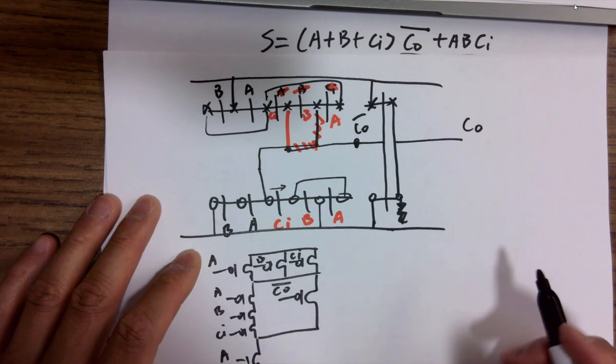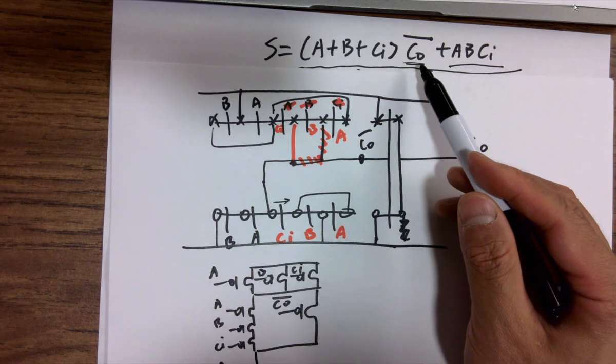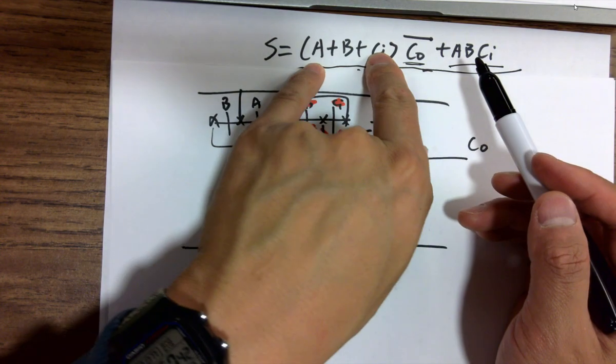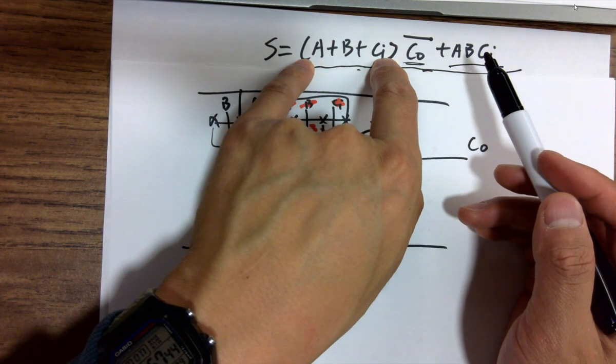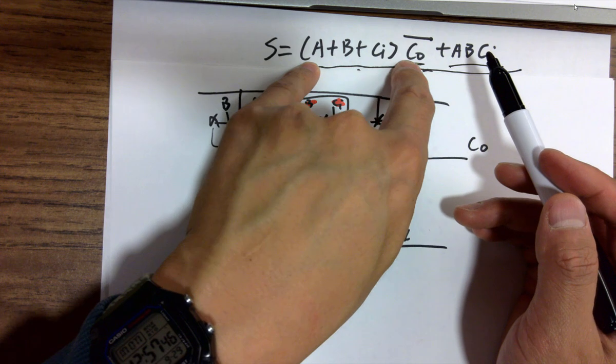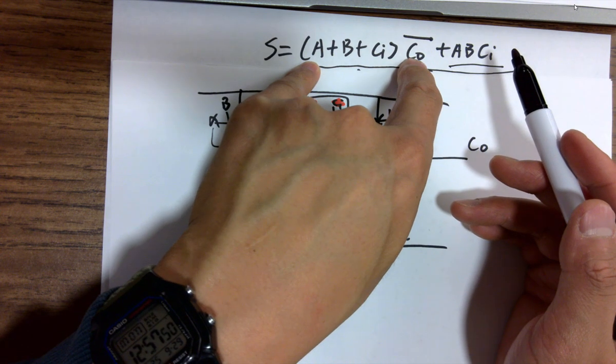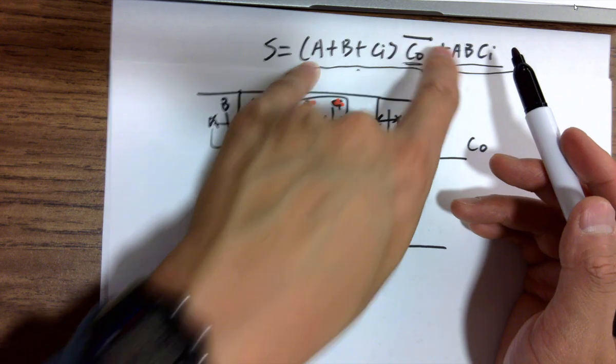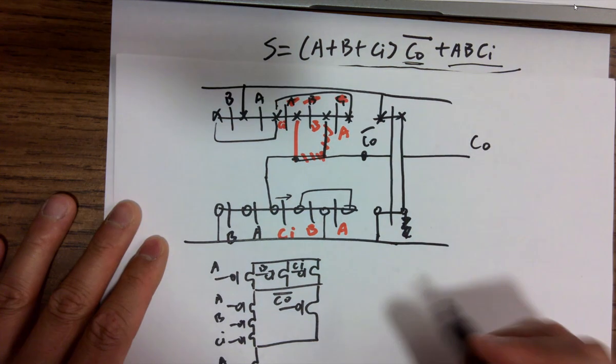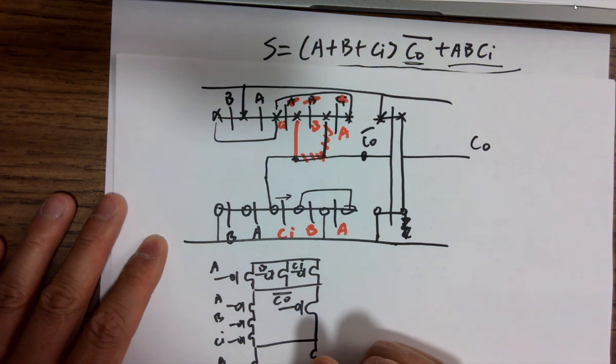And for the other part, that's a NOR gate structure. It has to be a pretty big one. So these three are in parallel, and this one on the top, right? According to experience, if there's a single one, we prefer to put it on the top. So do CO not first, and then three in parallel.